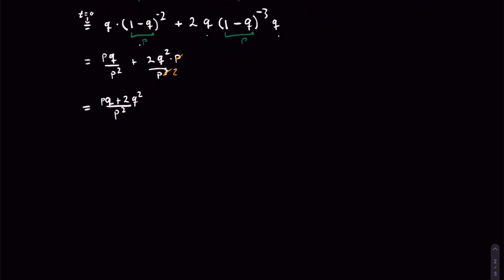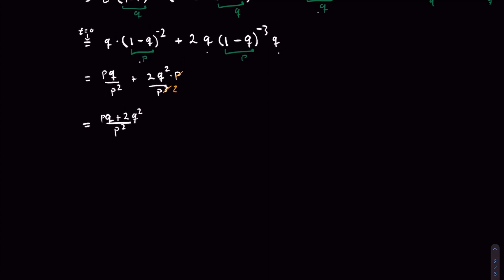And so what do we do here next? This still looks a little ugly, right? Now we're going to just simplify by factorizing out a q.